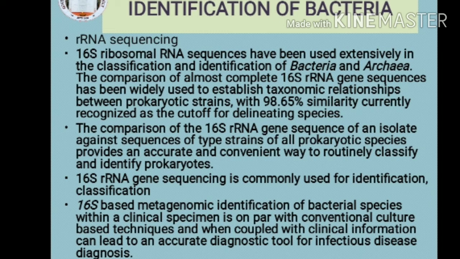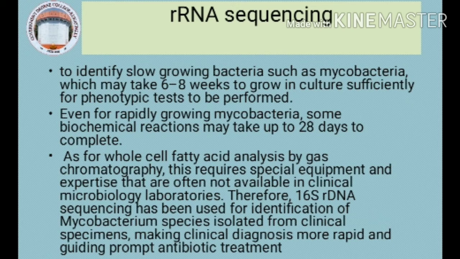16S ribosomal RNA gene sequencing is commonly used for identification and classification. It is also used for diagnosis of bacterial pathogens. It is used in the clinical microbiological laboratory for bacterial identification, detection of uncultivable bacteria, and the diagnosis of culture-negative infections.